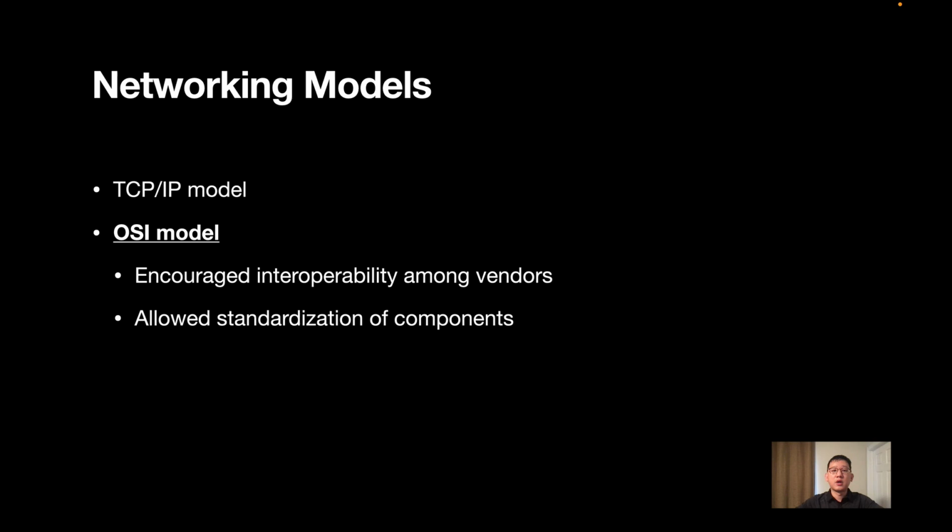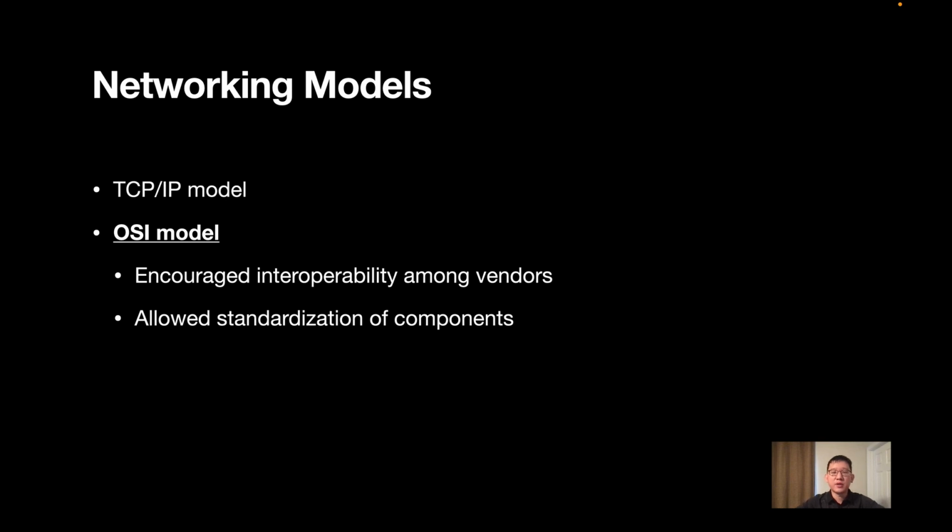There are two common networking models in use today. First is called the TCP/IP model, and second is called the OSI model. Now, in this series of videos, I'm going to focus on the OSI model. Now, the TCP/IP model tends to focus on the single protocol stack called TCP/IP. The OSI model is an open networking model.